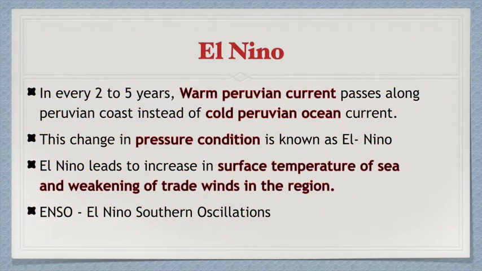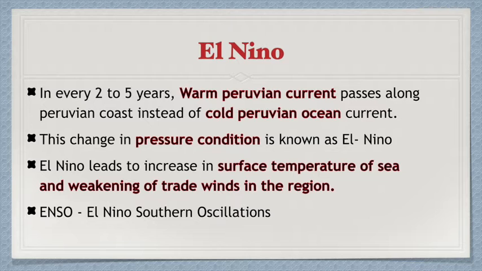Next factor is El Nino. Usually, Peru is the country located in South America. Around the Peruvian coast, warm ocean current usually passes along. But every 2 to 5 years, cold Peruvian current develops in that region.